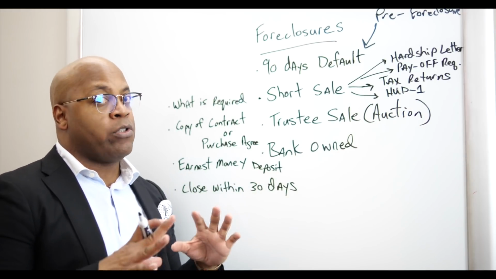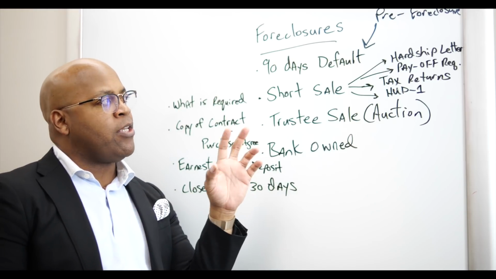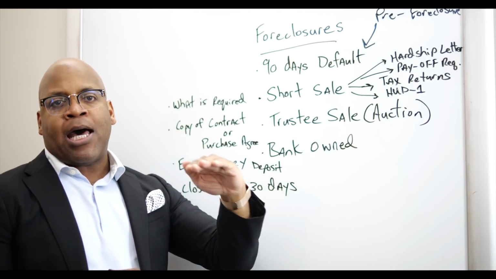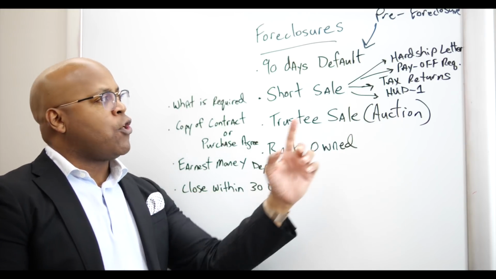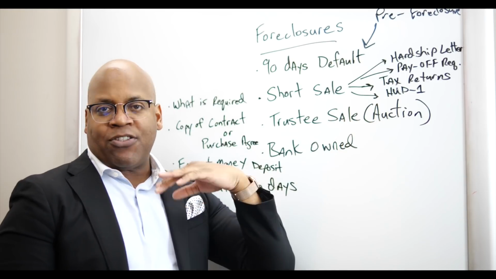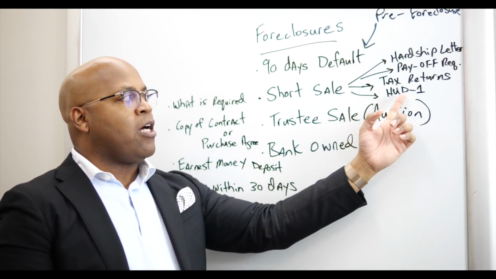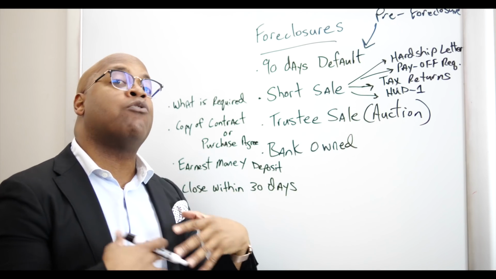HUD-1 is really, really technical, but I'll give you a synopsis of what it is. It's an itemized, detailed description of each and every expense. For those of you who already started taking your real estate classes, you know that HUD stands for Housing and Urban Development. So this is a federal form.